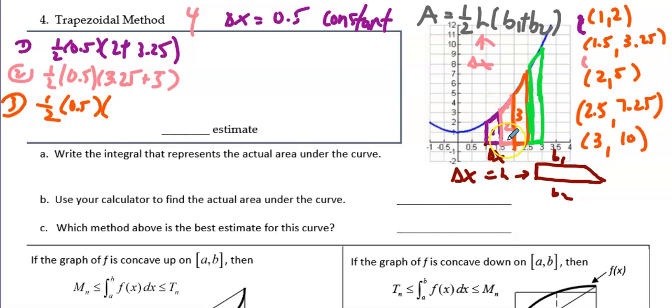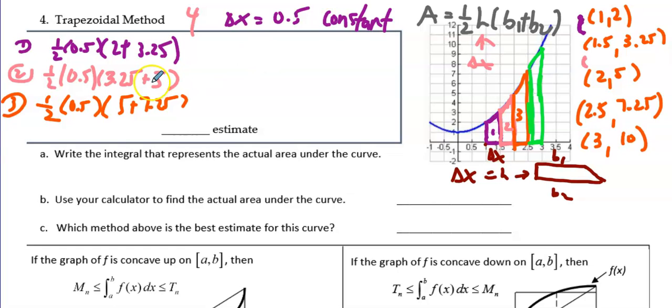Okay, back to trapezoid 3. My top base is where x is equal to 2, which is 5, and the bottom base is where x equals 2.5, which is 7.25. That's this distance right here, 7.25.